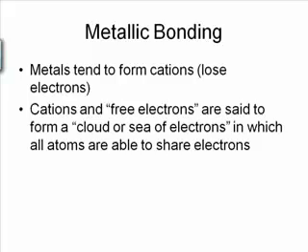They become free electrons, sometimes referred to as a sea of electrons, moving around throughout the substance between the positively charged cations, and that's what holds it together. This type of bond is responsible for the properties we observe in metals.